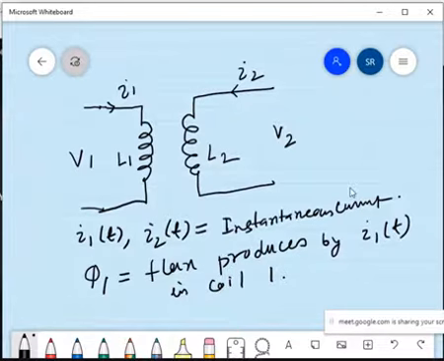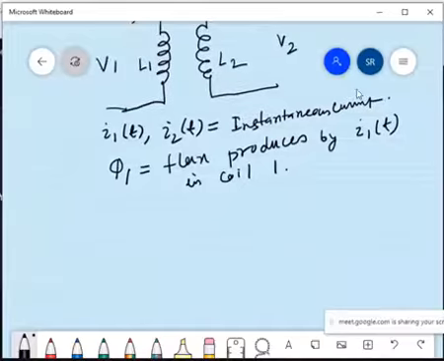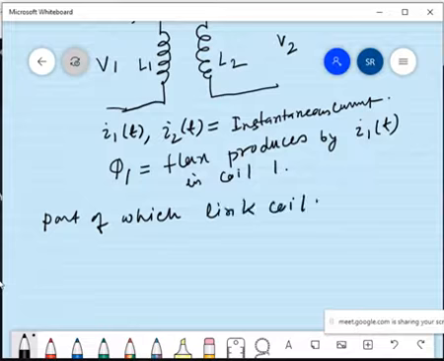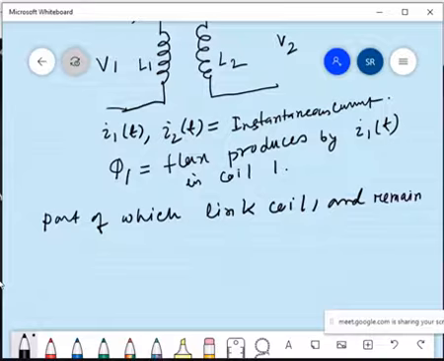Now part of Phi1 links coil 1 and the remaining flux links coil 2.